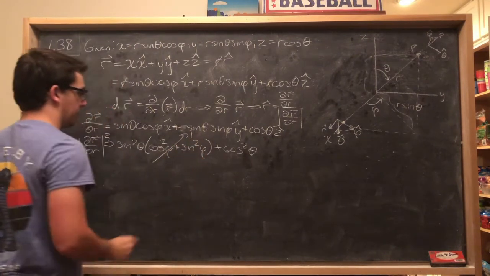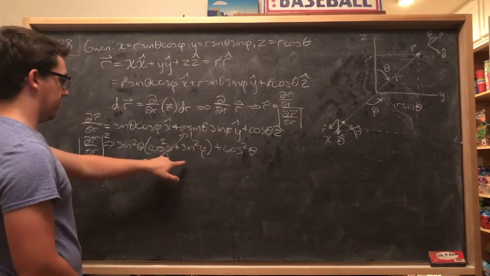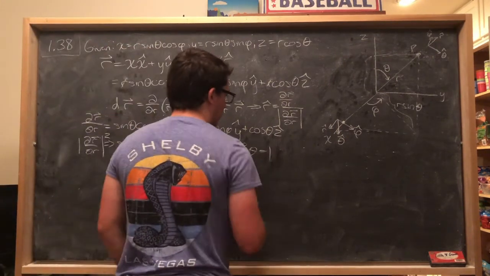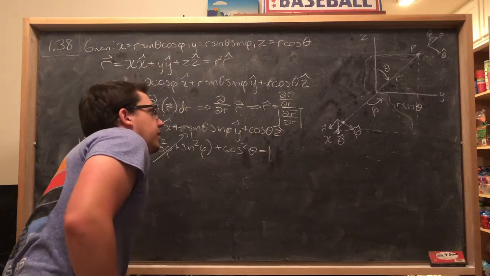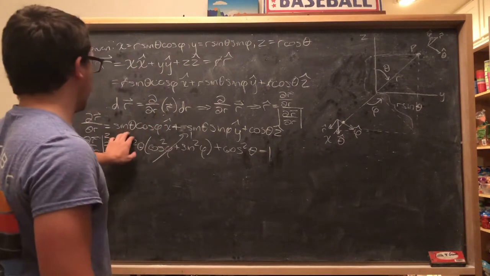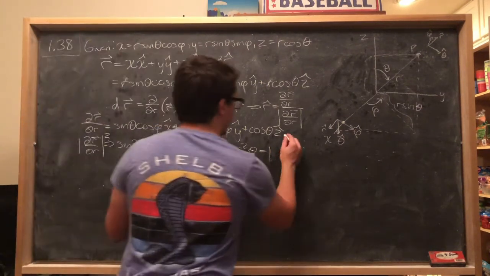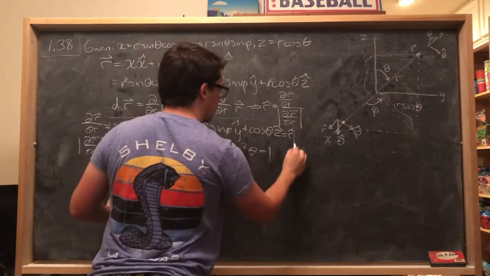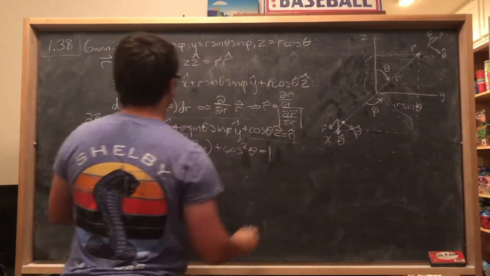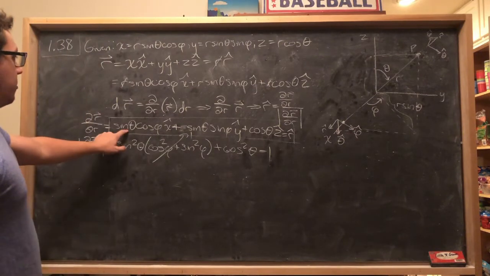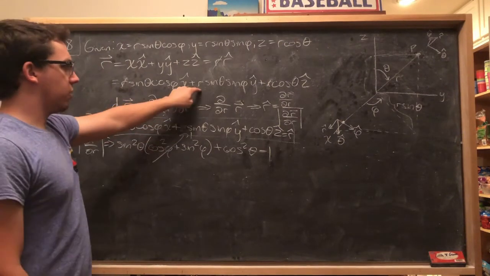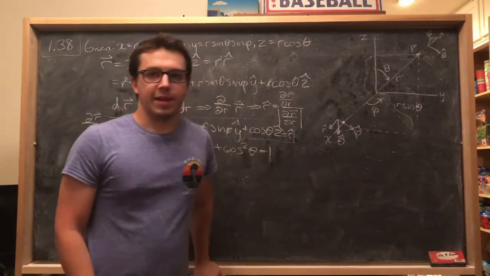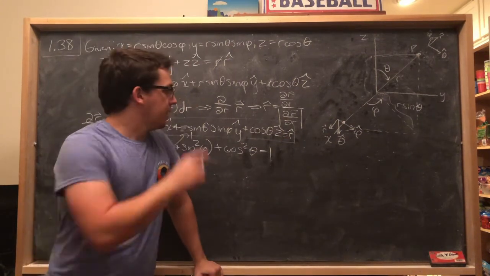This is 1, and then we're left with sine squared theta plus cosine squared theta, which again is 1. And so we can see that this is already normalized. So we can see again that this is r hat. But look, it's the same thing that we've already derived. So there we go. We have confirmed that that is r hat.